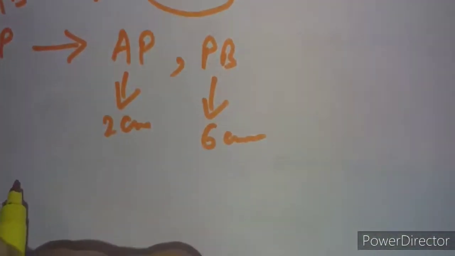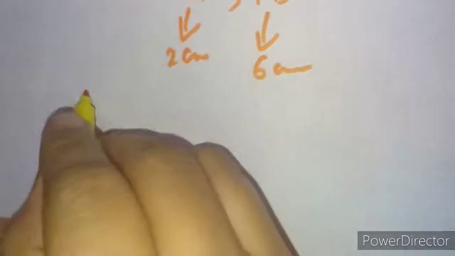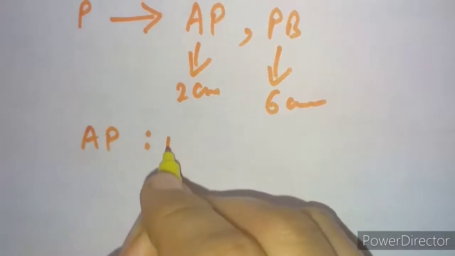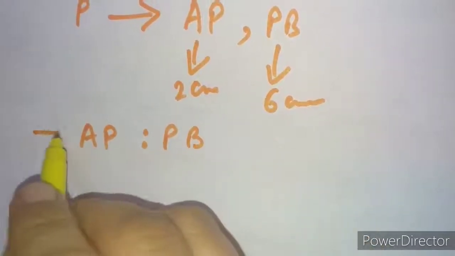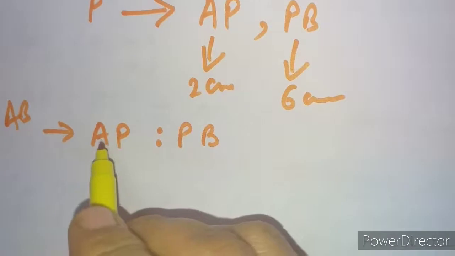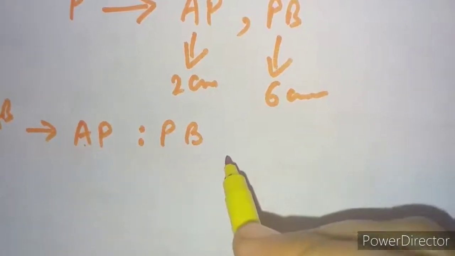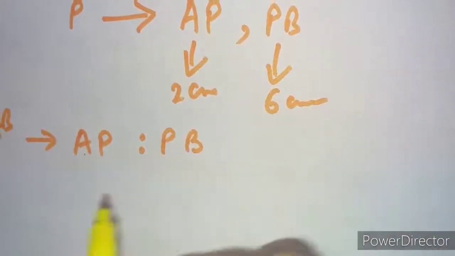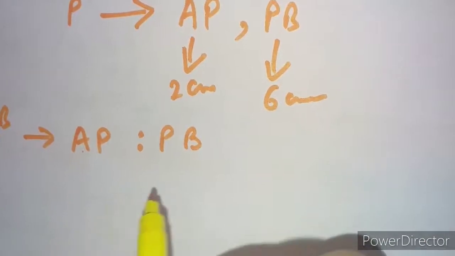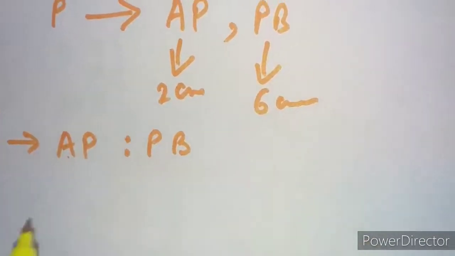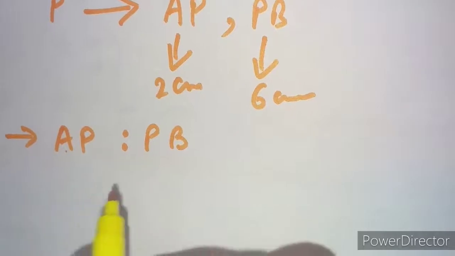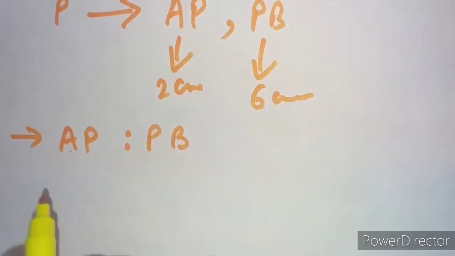Now, can we find the ratio between the AP part and the PB part? Total was line AB, divided into 2 parts, AP and PB. Students, I am stressing these things. Please try to understand properly, because if this concept is clear, you will very easily apply it in your answers.